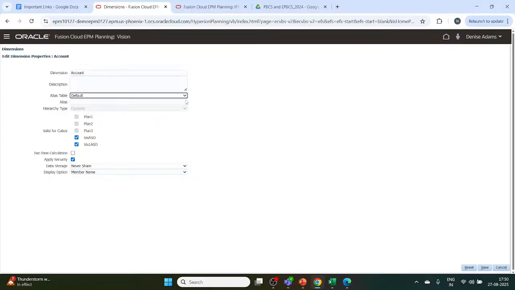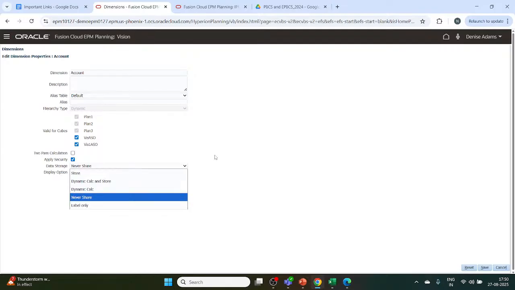The hierarchy type is dynamic or something, two pass calculation, and apply security. Data storage is never share. You can see never share, label only, dynamic calc, store, and some others. We use the never share property in the account because this is the dimension and we never share the dimension. That's why we choose never share for the account dimension.